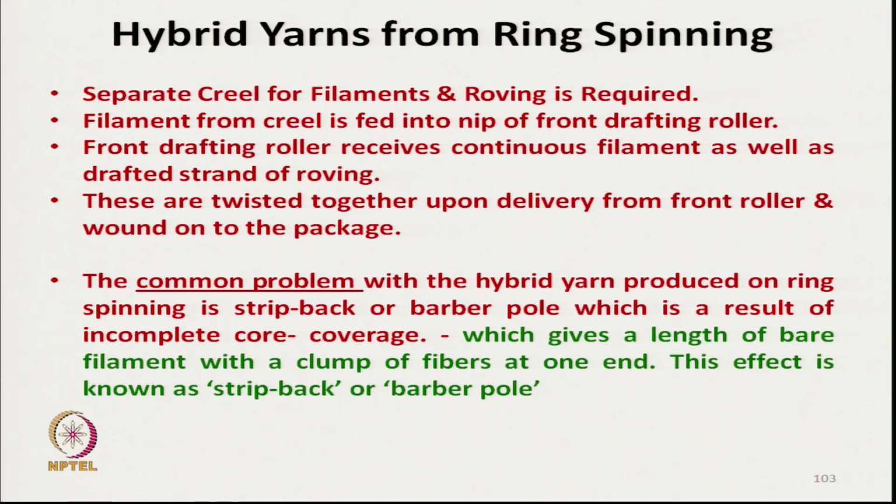In some places we will find that the core filament is not properly covered. That means the proper matrix will not be formed, and there may be a chance of void content in this type of matrix.